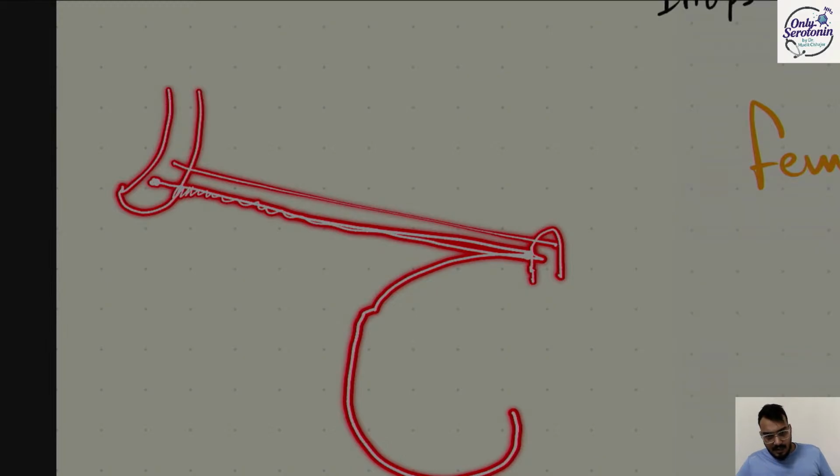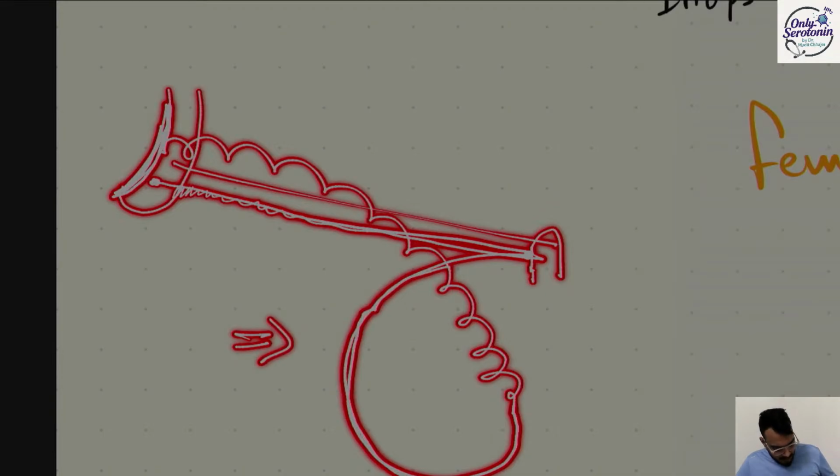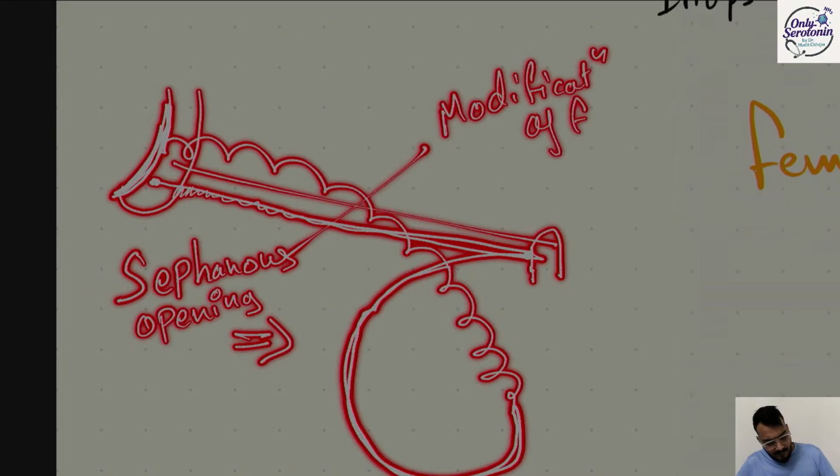Until here, the fascia lata will be smooth. After this, it will get irregular, and it will attach to the outer lip of my iliac crest, and this will give me my medial margin. Can you appreciate this opening, guys? This opening is named as saphenous opening. And saphenous opening is nothing but a modification of fascia lata.